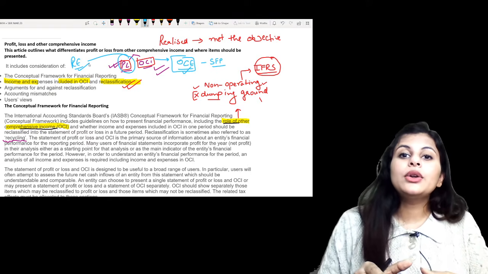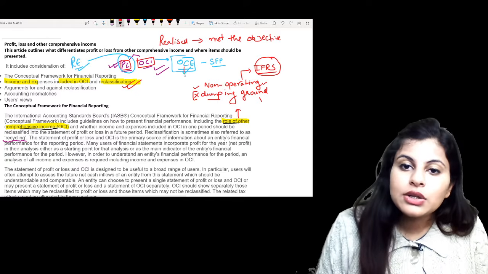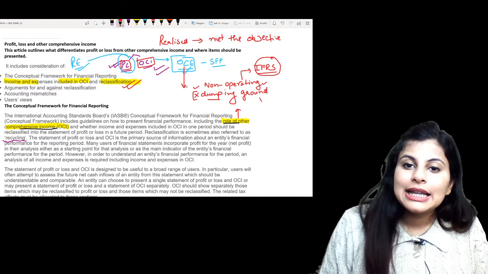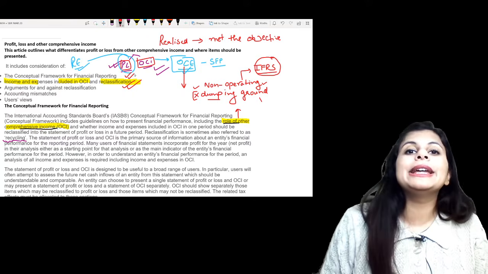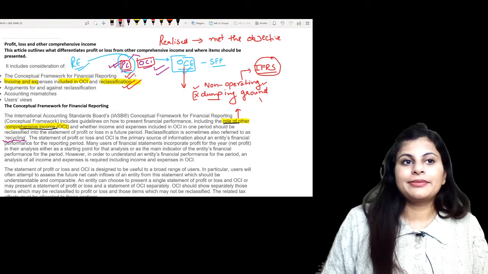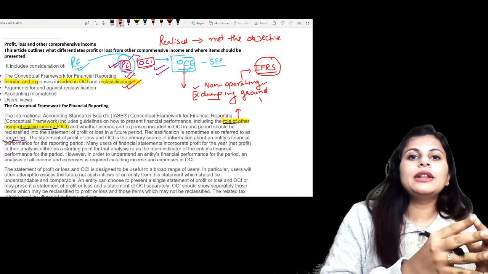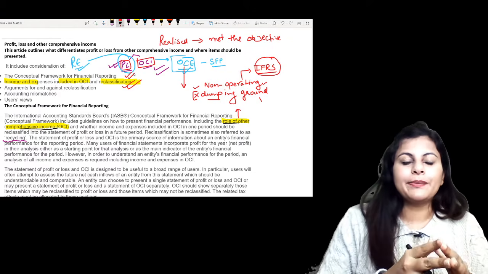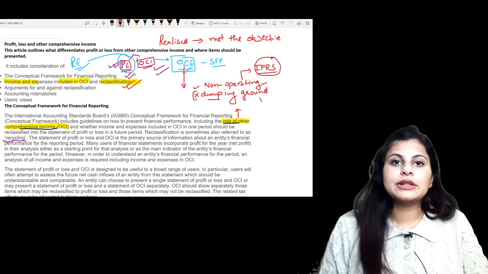But we are talking about if something is transferred, it was in OCE, and then again in a future period it went to P&L. What do I mean by this? First, I took that gain through other comprehensive income. Let's talk about the IAS 21 retranslation reserve.